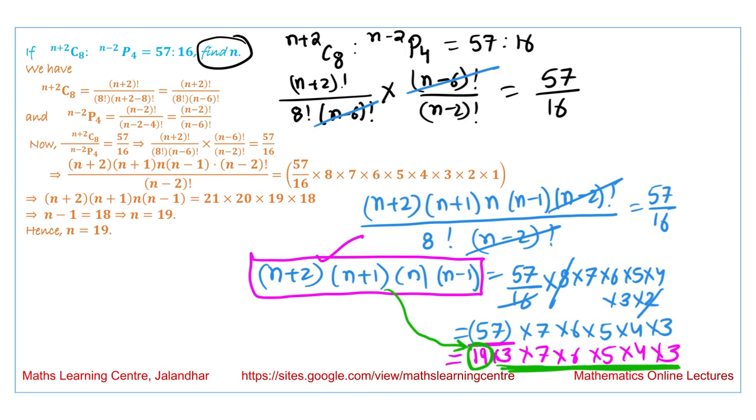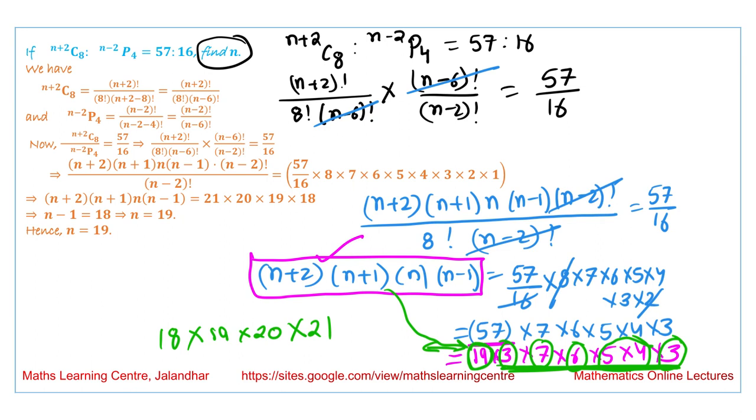In this form, we have to construct the numbers. So if we look at these two, 5 4s are 20. We can write this as 19 into 20. Then 7 3s are 21. We will have 21 over here, and 6 3s are 18.